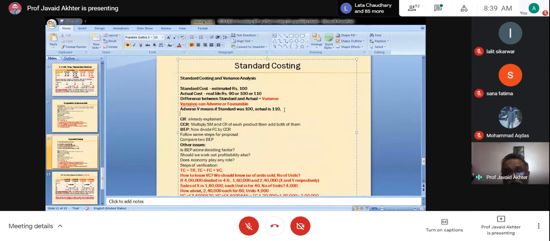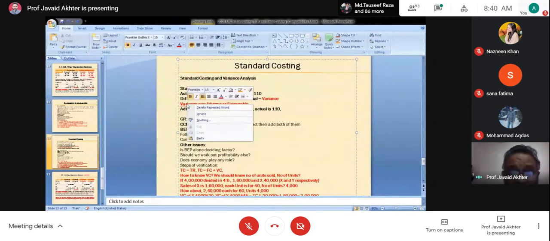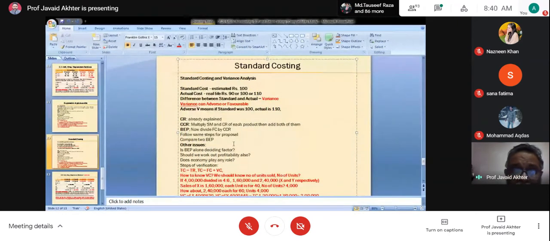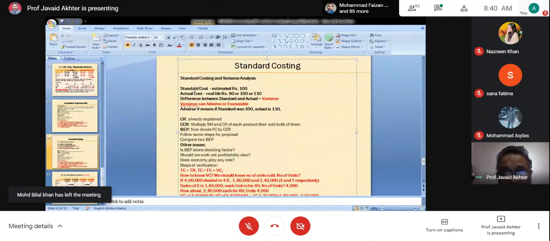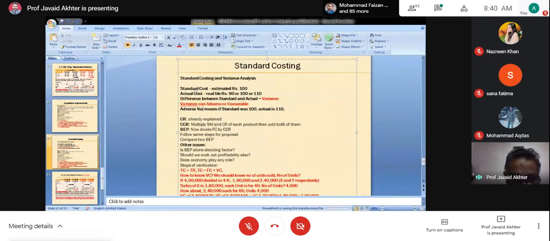What will be a favorable variance? Standard was 100, actual is 90. That becomes your favorable variance. So by now we have understood the meaning of standard cost, actual cost, variance, favorable variance, and adverse variance. These four concepts we have learned.